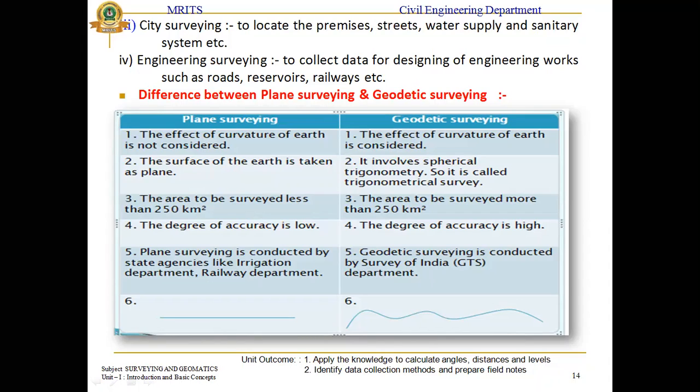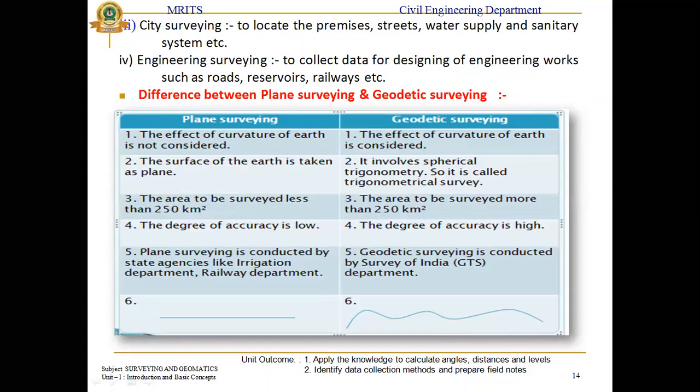Coming to the last point: plane surveys are conducted by state agencies like the irrigation department and railway department. Geodetic surveys are conducted by the Survey of India, where the whole area is completely calculated.